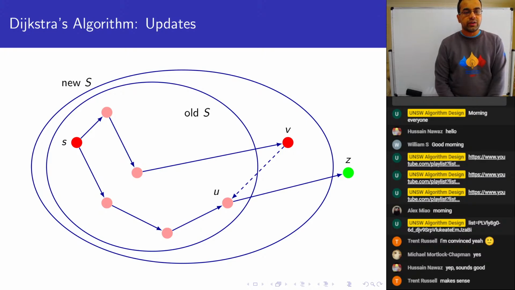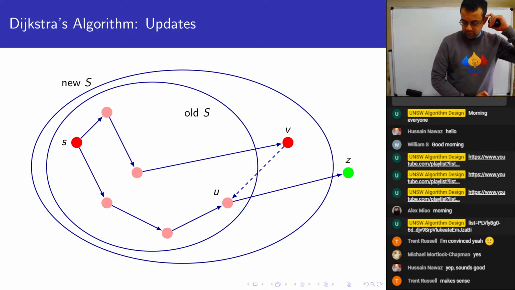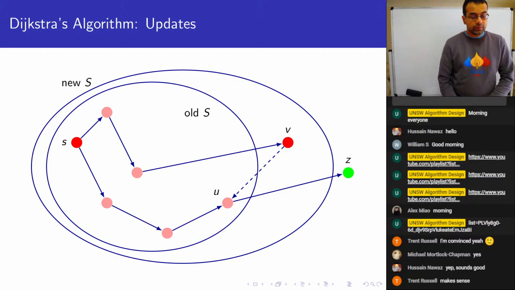It's just compare dz to dv plus that last edge and make the update if necessary. If we had some kind of random access to these vertices, to these dv and dz values, then we could do this in constant time. Depending on our data structure, we may need more time than this to access values, but we'll see how we go.